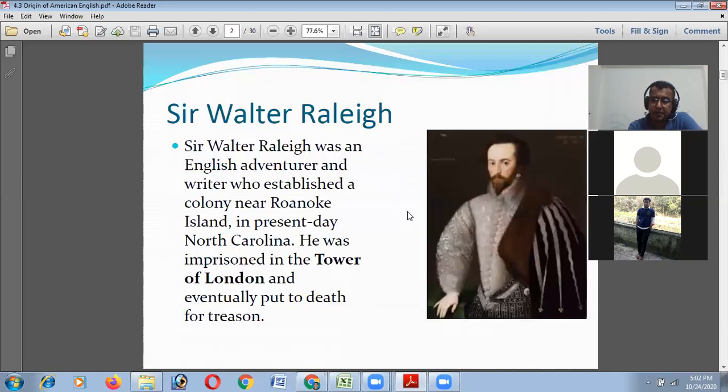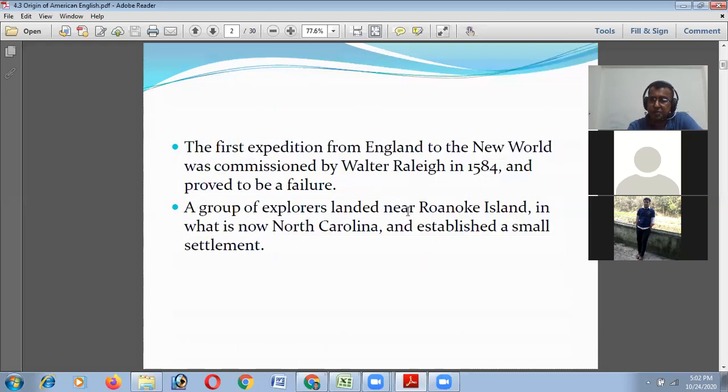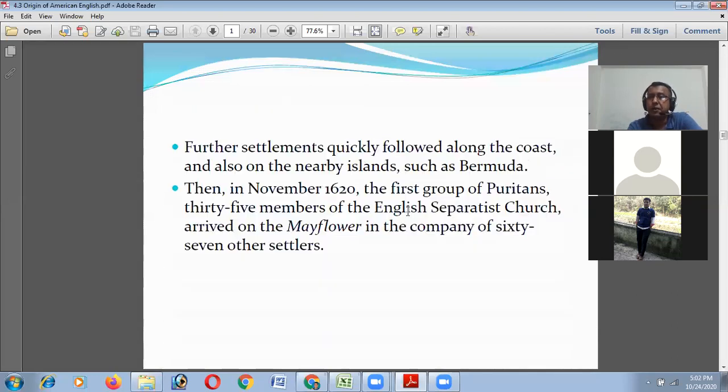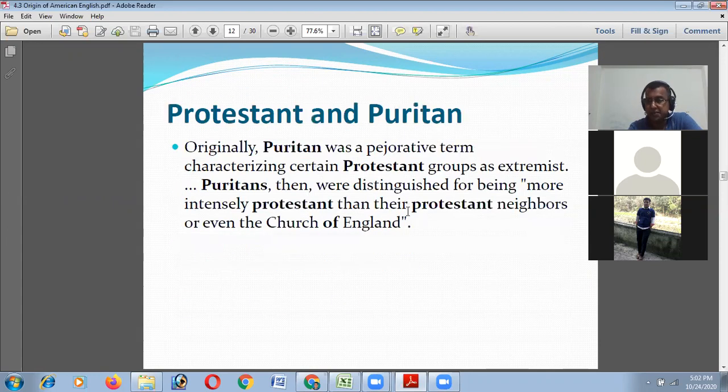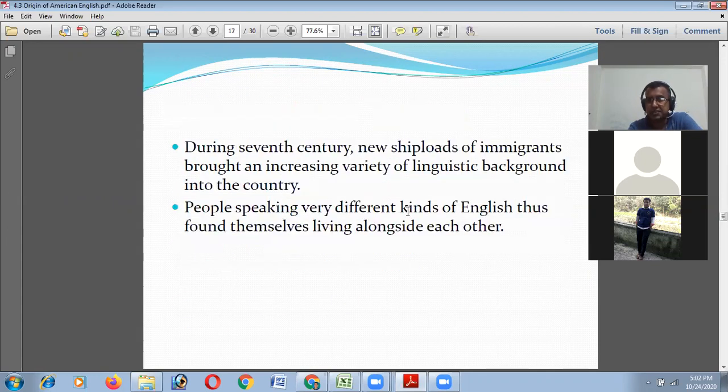And next, we also see that the people from the African continent also went there by the hand of the sea voyagers who caught African people and sold them in America as slaves. So slave trading was an important business in America.